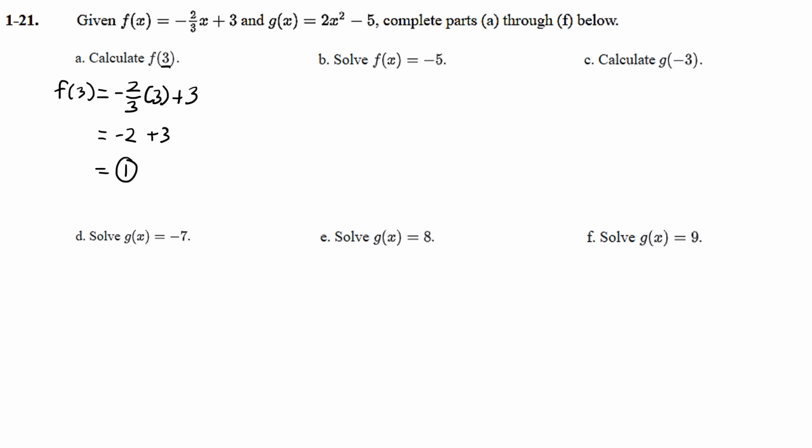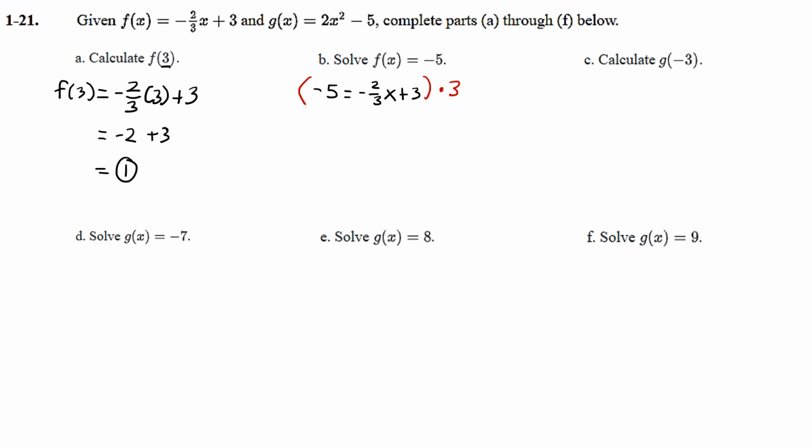Solve f of x equals 5. When the f of x notation is equal to a number, we need to set the rule equal to that value and solve. So this is an equation with a variable next to a fraction. Anytime I have a fraction in an equation, to get rid of it, I simply multiply everything by the denominator, which is 3.